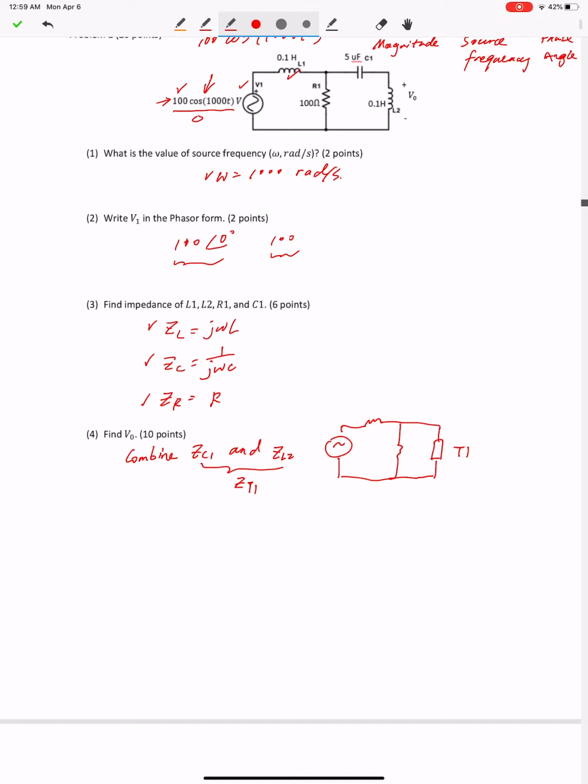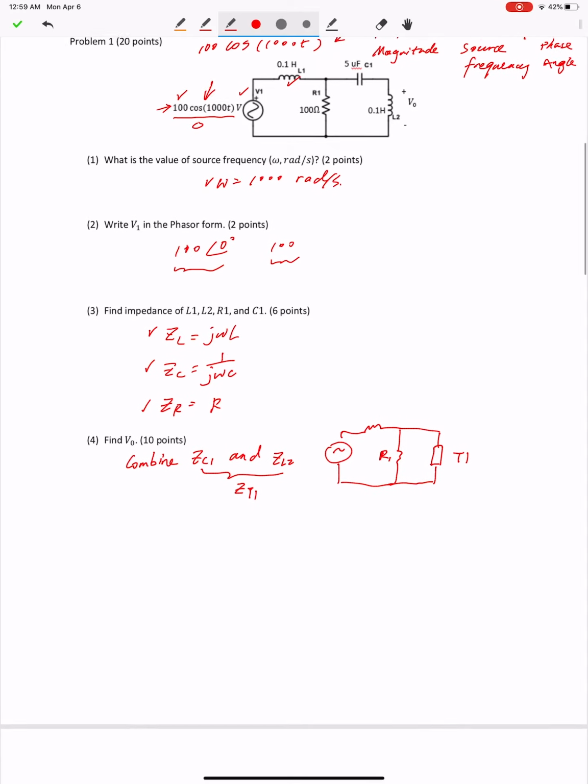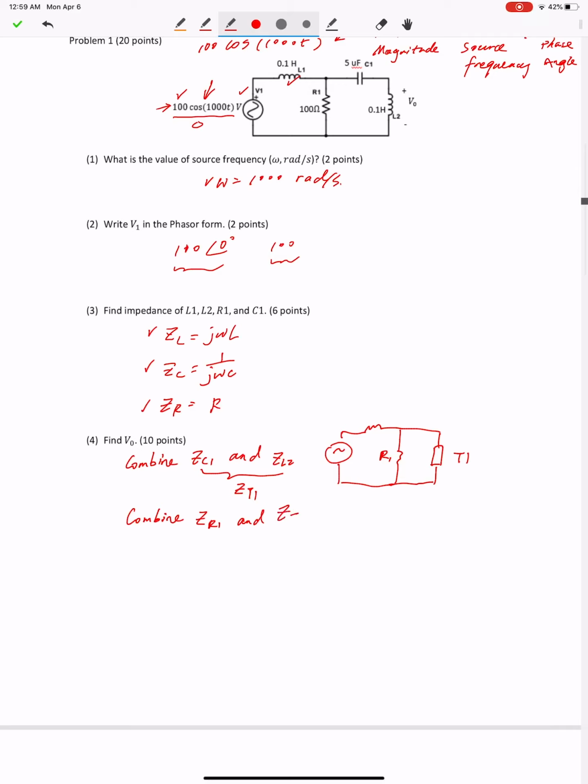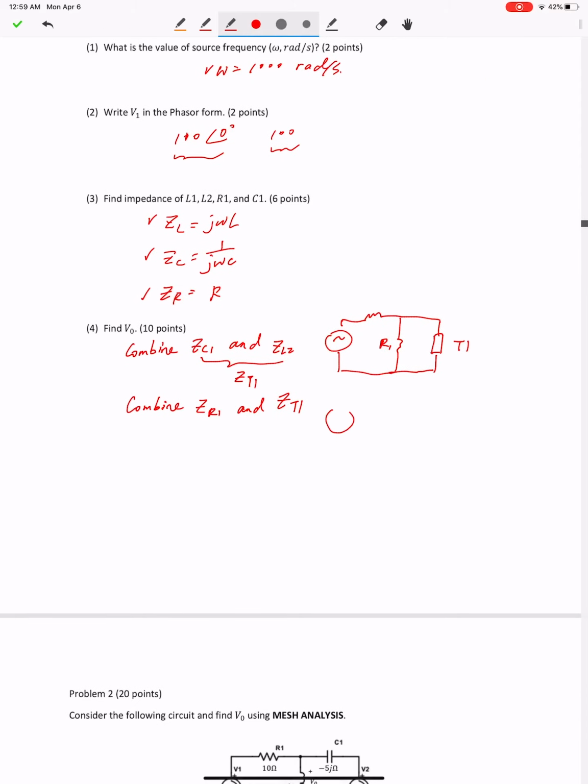After you have ZT1, you see R1 is in parallel with ZT1. So in the second step, you can combine ZR1 and ZT1 because they are connected in parallel, and you can find the overall impedance. Then the circuit looks like this. Let's call the combined impedance ZT2.